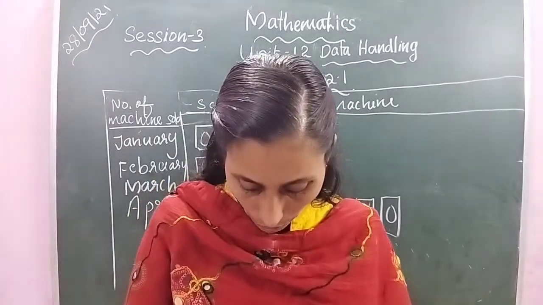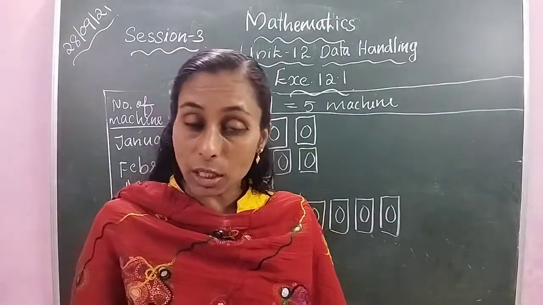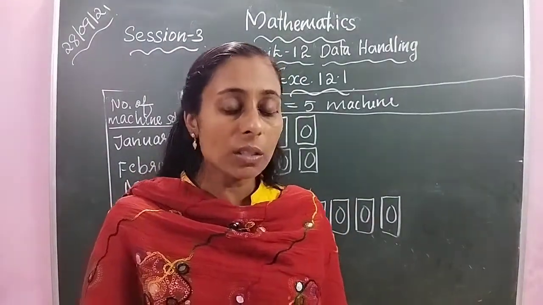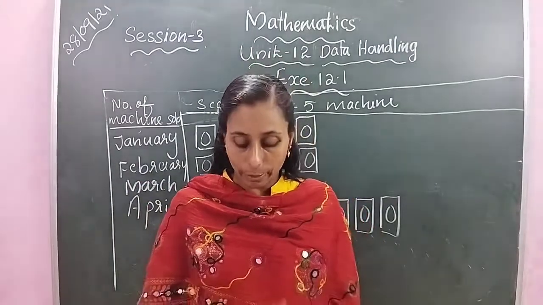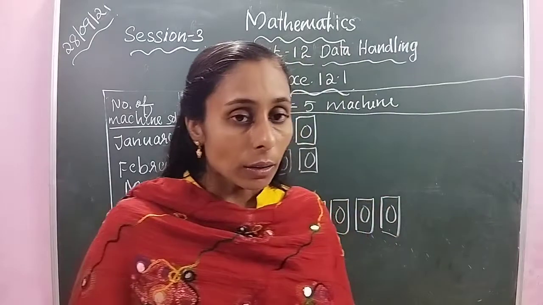Next one, May. How many machines sold in May? 35 machines sold. Since 35 machines sold in May, how many symbols should we draw? 7 fives are 35.